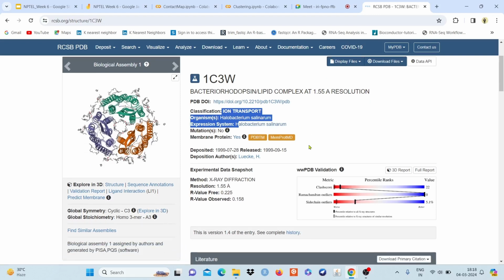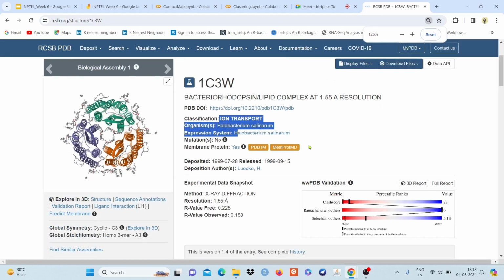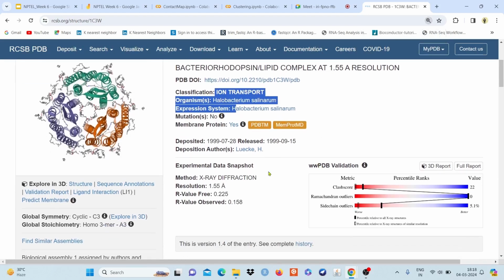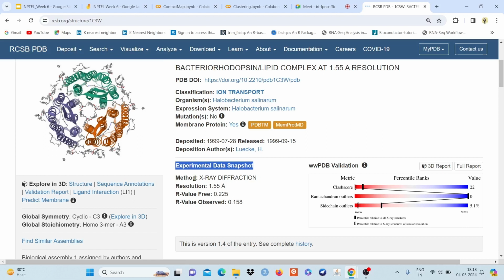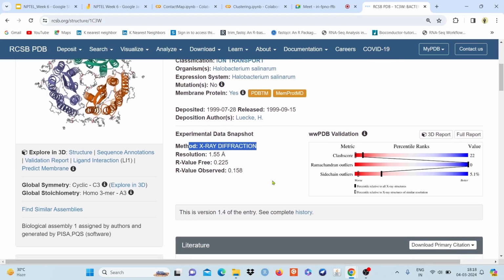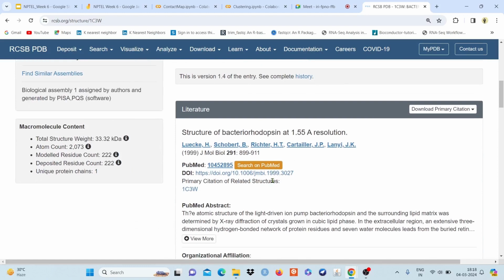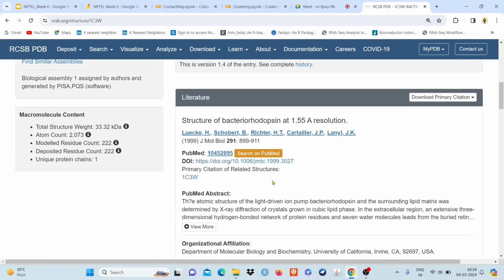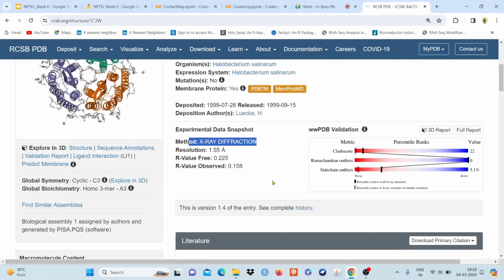And when we closely observe the top section of the results, the experimental data snapshot shows that this structure is solved by the X-ray diffraction method. Similarly, the experimental literature regarding this is provided at the bottom.